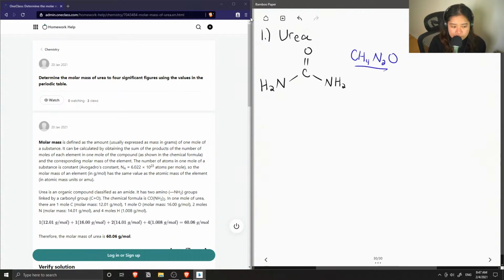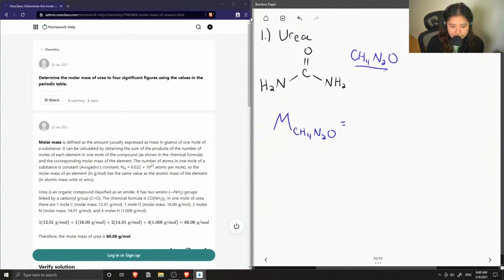Now that we know the chemical formula of urea, we can calculate its molar mass. When calculating molar mass, we need to take into account all the different atomic masses of the atoms involved in urea, and also how many of each atom there are in the molecule.